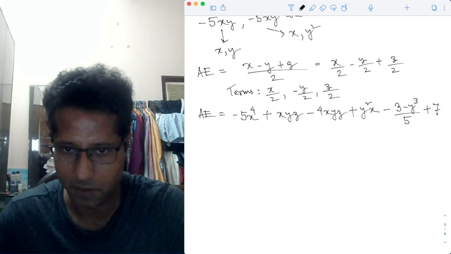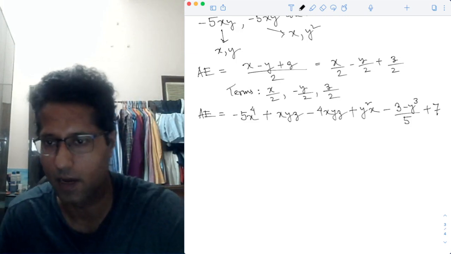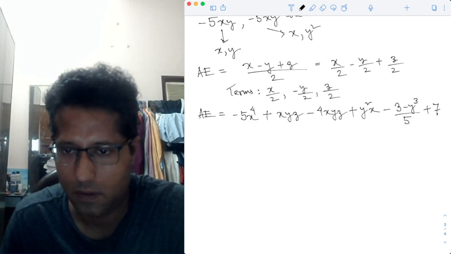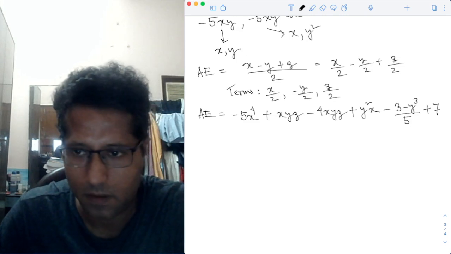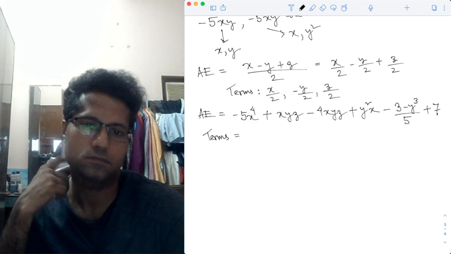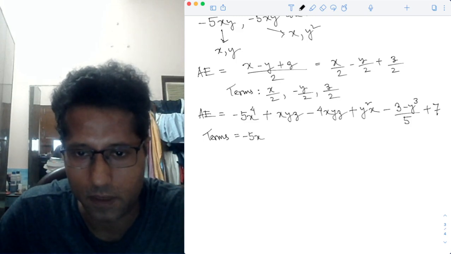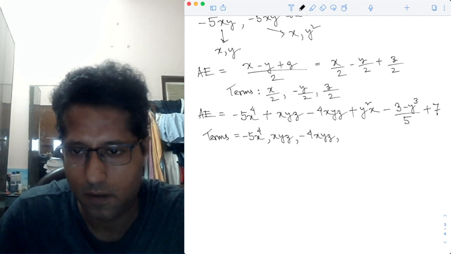This is the algebraic expression given. Now, what are the terms? If you are asked what the terms are, the terms will be minus 5 x to the power 4, x y z, minus 4 x y z, y square x.